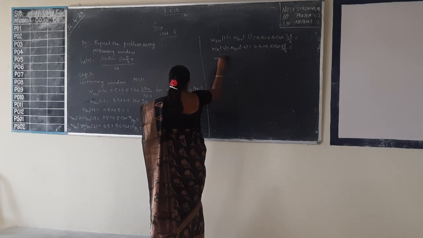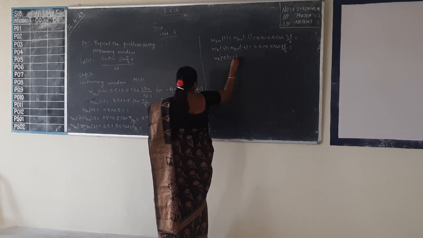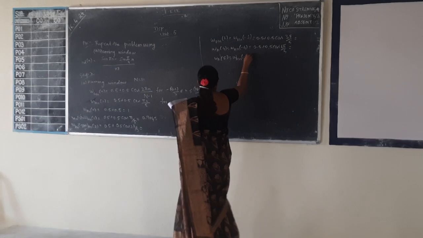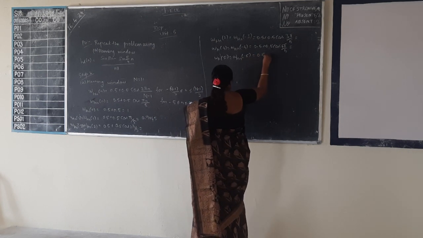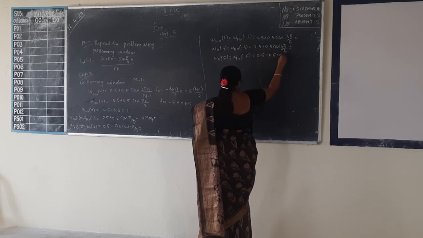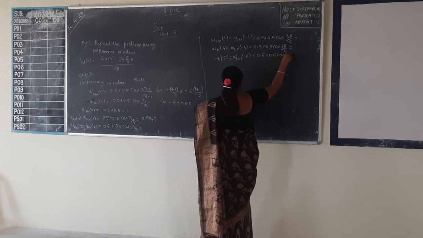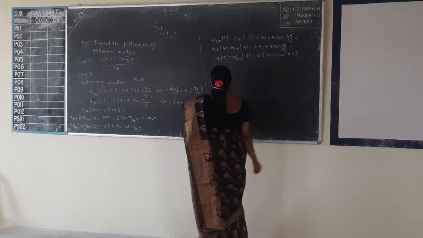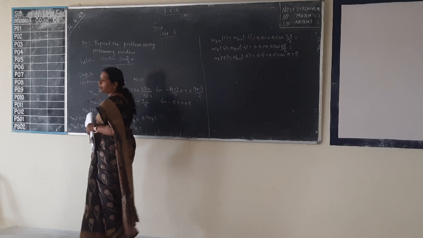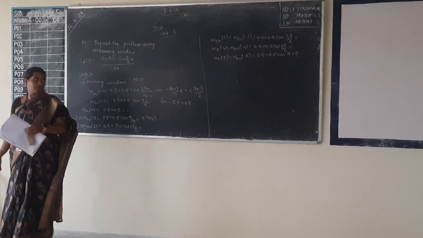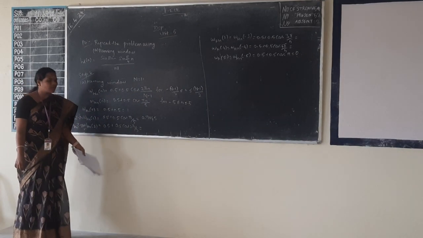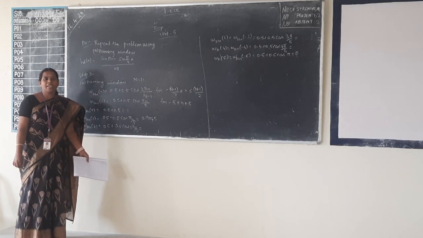Similarly, find out up to 5. So cos pi is minus 1. So 0.5 minus 0.5 is 0. So the last one is 0. The first one is 1. Remaining values find out.